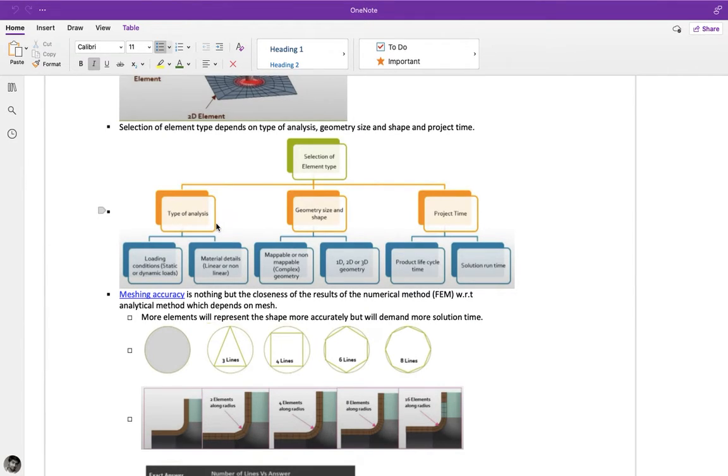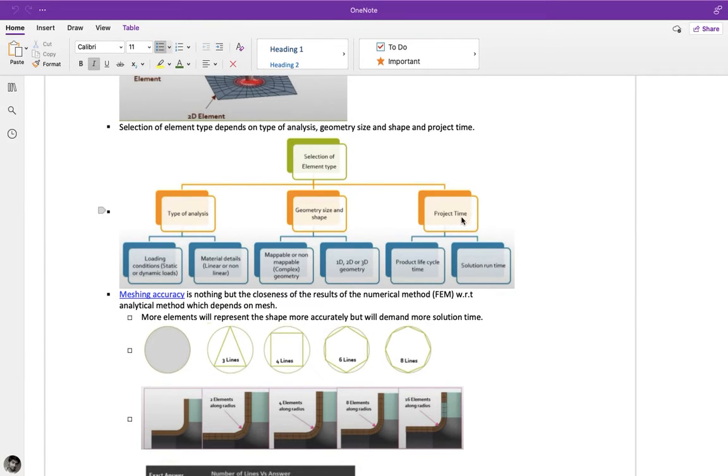For certain materials you need certain kinds of elements, and for others, other kinds of elements. And then geometry size and shape. If it's a very thin material, then we can basically use shell. And if it's a very solid model, we will use 3D elements. And if you're just analyzing the cross section, then definitely we'll use only 2D elements. So it depends upon the geometry size and shape.